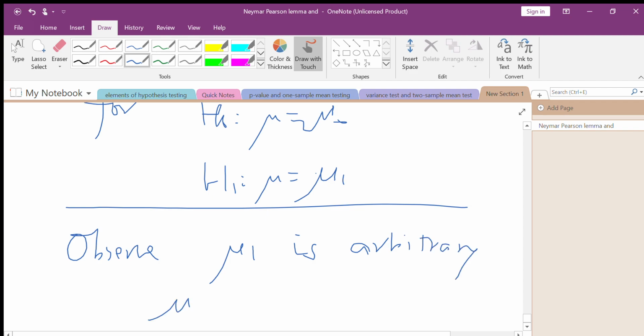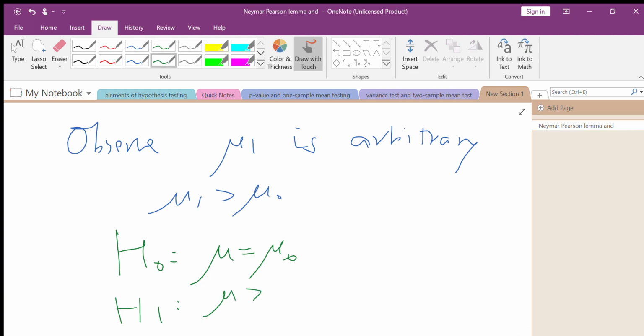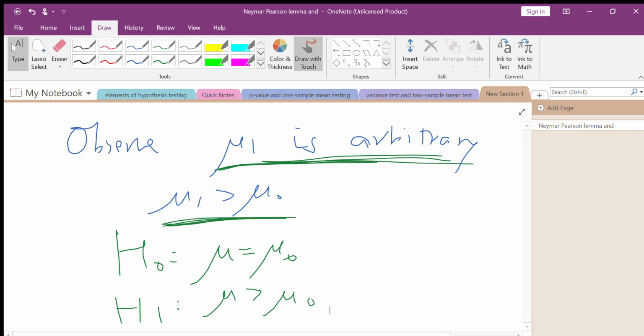Mu 1 is greater than mu 0, which means our original hypothesis is H null: mu equals mu 0, H1: mu greater than mu 0. And since mu 1 is arbitrary and mu 1 greater than mu 0, what can we claim?